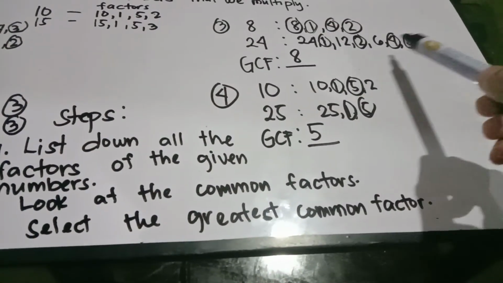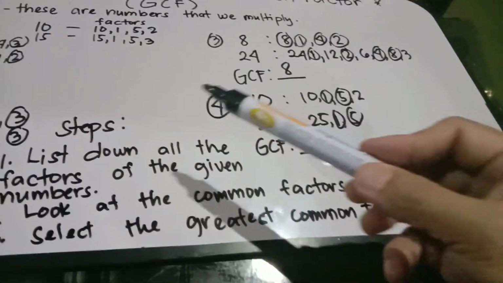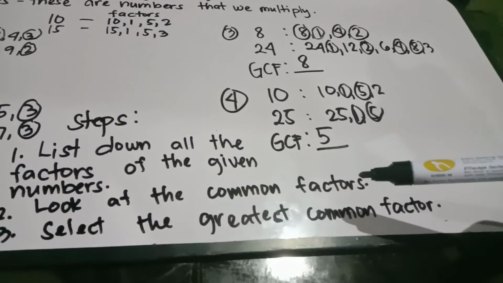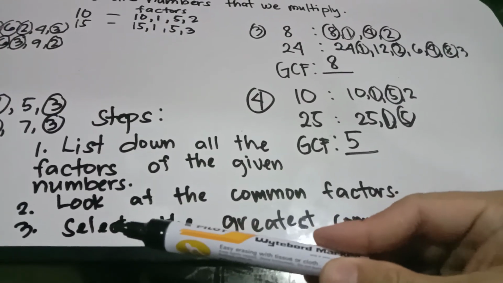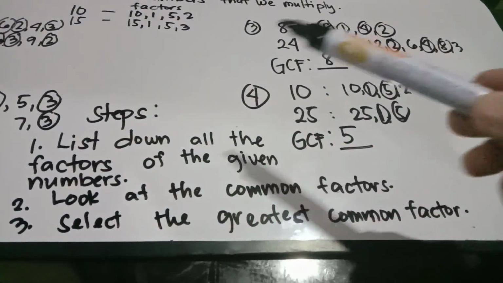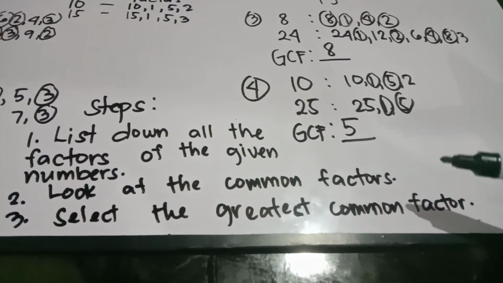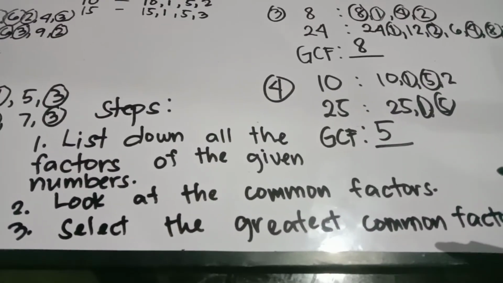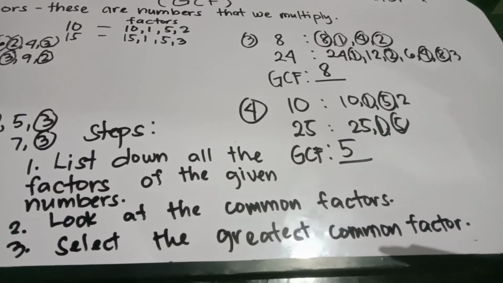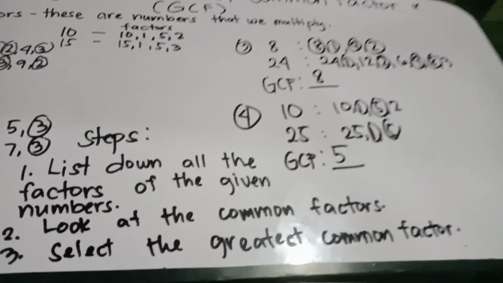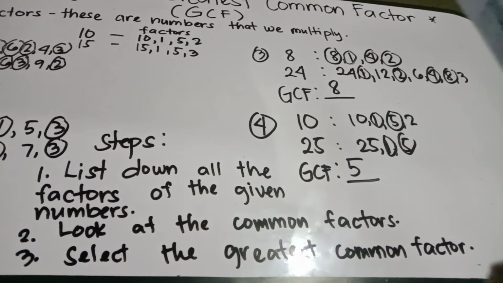So out of the factors that we have, you are going to look at the common factors. Then lastly, out of the common factors, you are going to select the greatest common factor. So ganun lang po kadali, no? That's how easy to find the greatest common factor.